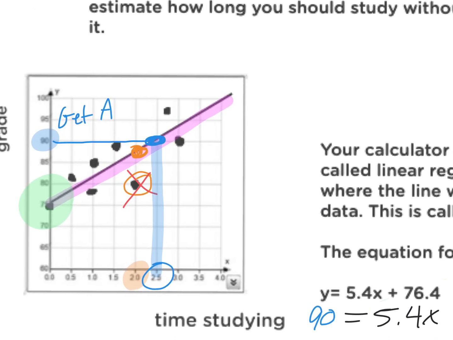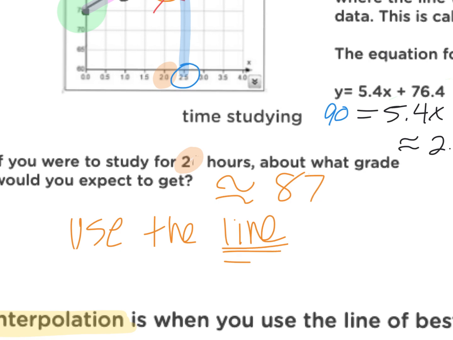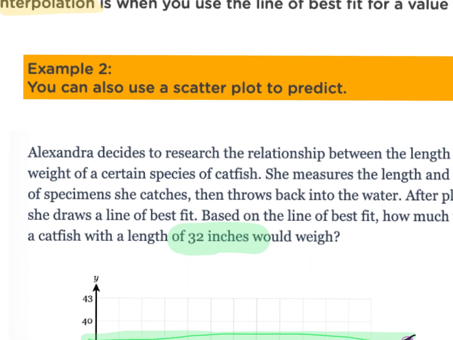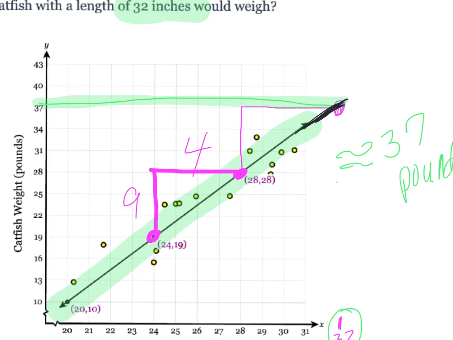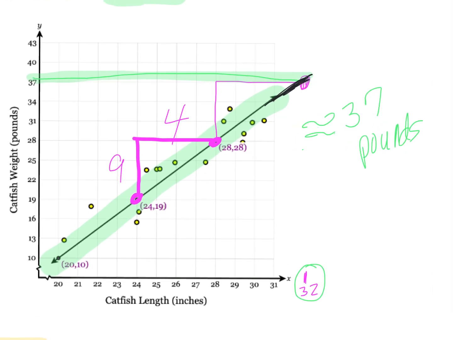You're going to have to eyeball it and make your own line of best fit. Delta Math is really not too petty about that, because if you're just eyeballing it, it's not going to be perfect. So as long as your line of best fit is pretty close to the center of the data, Delta Math will accept it. And then you'll have some where you're going to need to make a prediction based on a point that is not on the graph using that extrapolation.